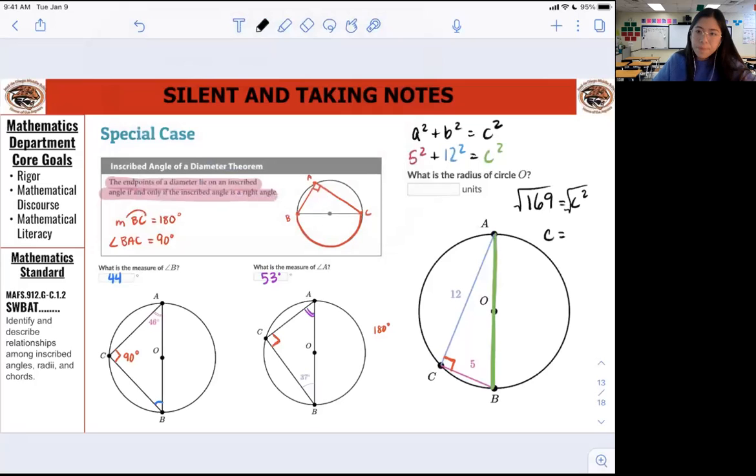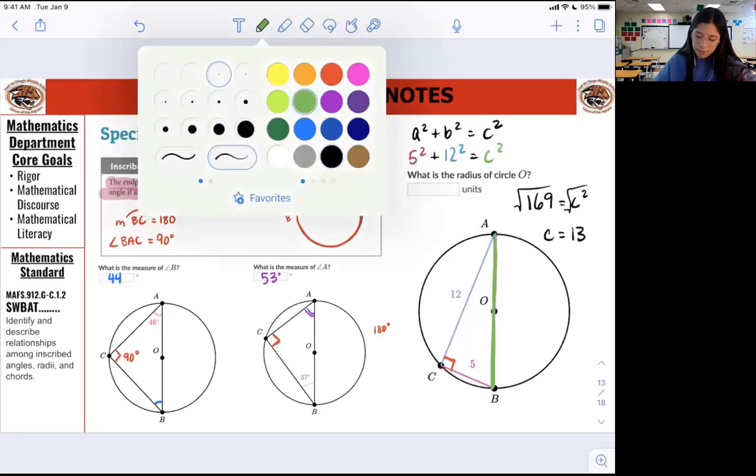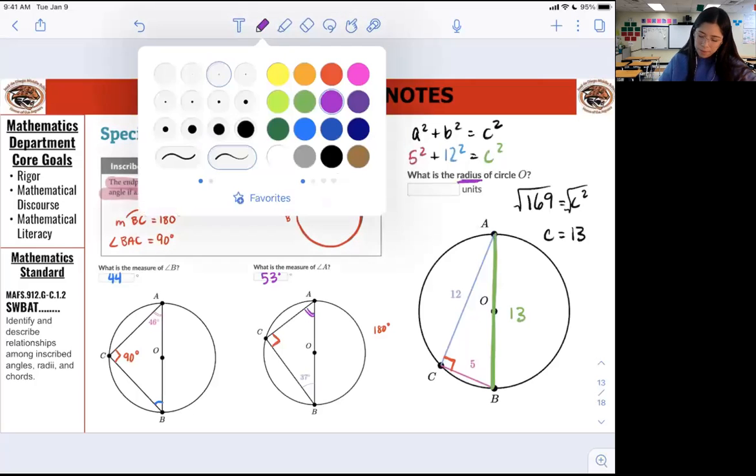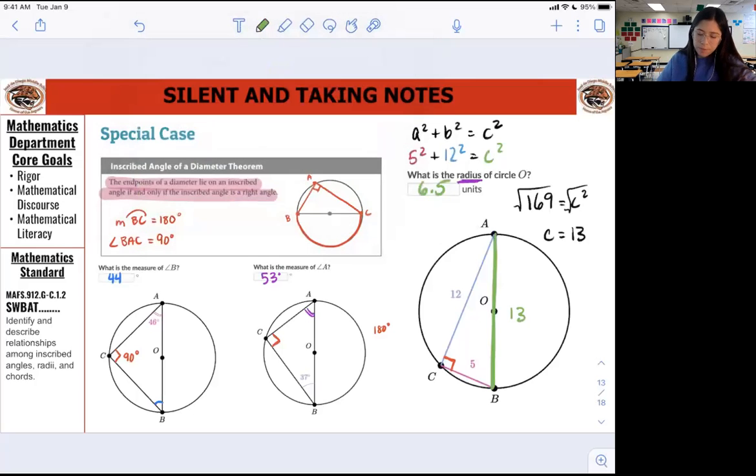What's c? 13. And what am I looking for? Am I looking for the diameter? What's my final answer? 6.5. Because what am I looking for? The radius. Radius is half of the diameter, making this 6.5.